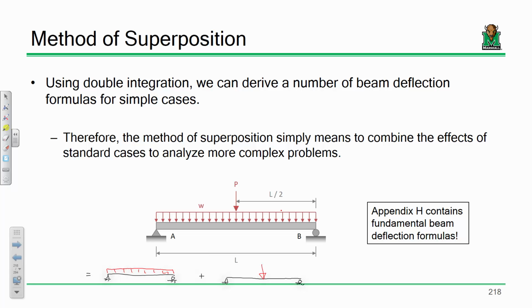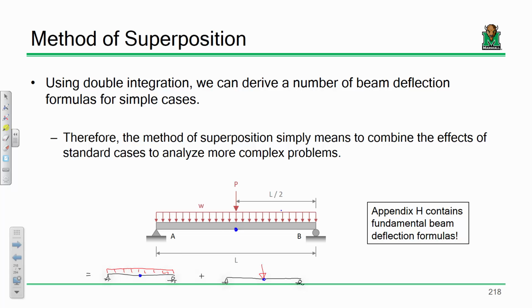In other words, let's say I'm trying to determine the deflection right here, so the deflection at the same point for each beam. The idea behind superposition is really, really simple. If this load causes 2 inches of deflection and this load causes 1 inch of deflection, how much does the whole thing cause? It's that simple.